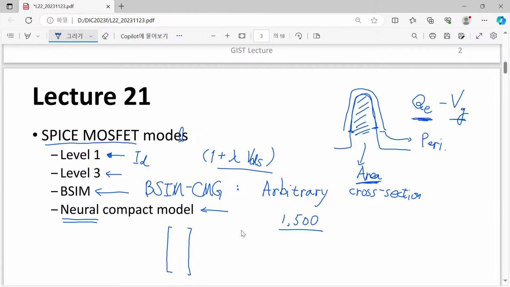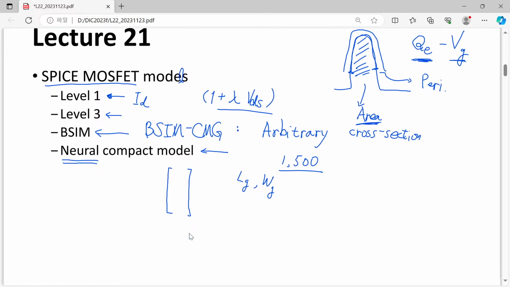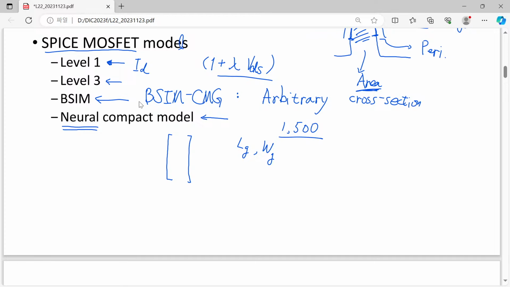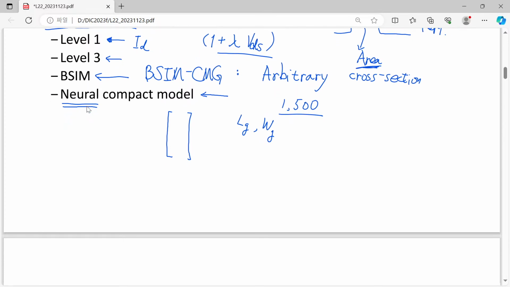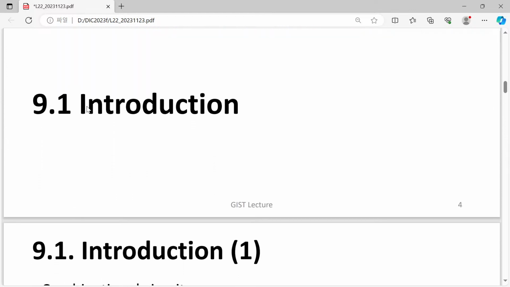After that, if we change slightly gate length or gate width, then its dependence is well described by this neural compact model. That is regarded as a future direction, but I'm not quite sure whether that will be realized in practice or not, because in many cases the accuracy of BSIM model or any kind of MOSFET compact models are really high.